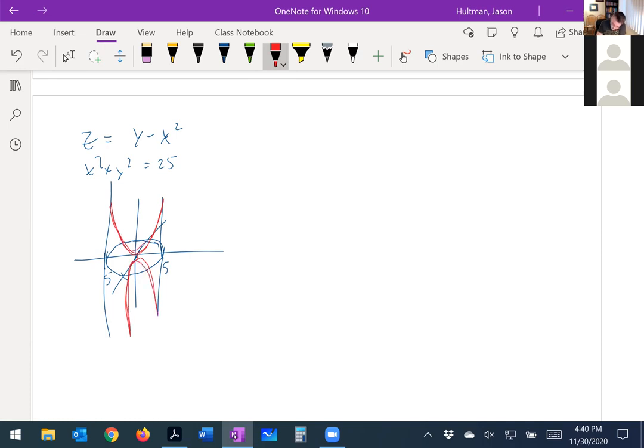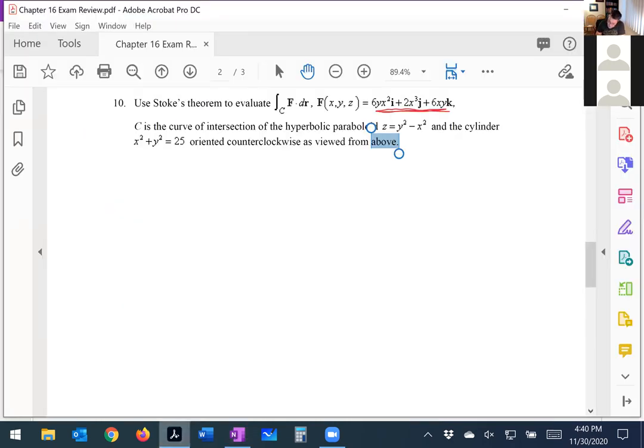Okay. And we want to know, well, what are our boundaries here? Okay, the curve is the intersection of the hyperbolic paraboloid and of the cylinder. Okay. So we're going to use Stokes's theorem on this one.